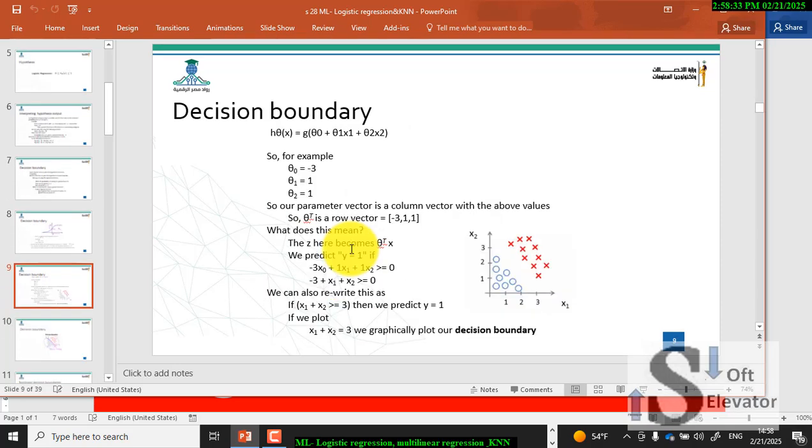Decision boundary: these points, the red crosses and the blue circles. Suppose we have this equation, theta 0 plus theta 1 x1 plus theta 2 x2. If theta 0 is -3, theta 1 is 1 and theta 2 is 1, we have this line.